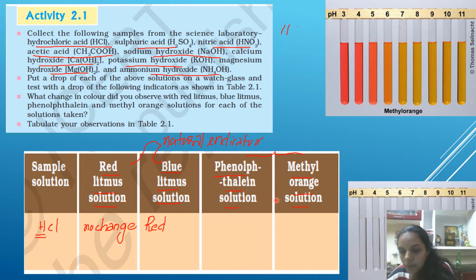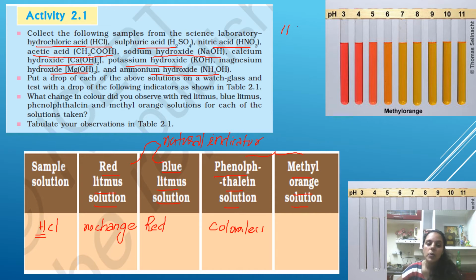So while I'm adding some phenolphthalein solution to hydrochloric acid, what will be the observation you can see? Phenolphthalein solution is colorless itself. There is no change. Phenolphthalein is colorless, and in acidic solution it regains its property, that is colorless.